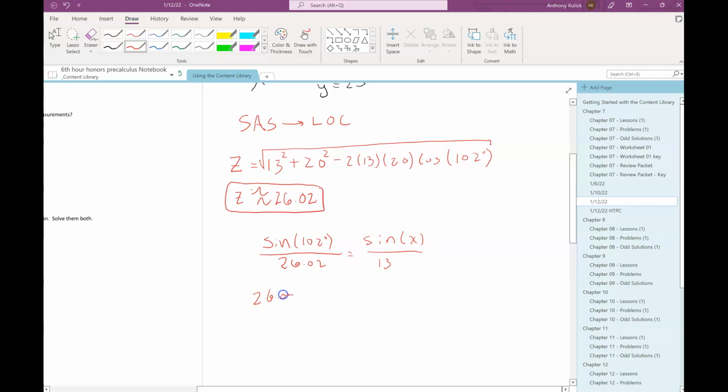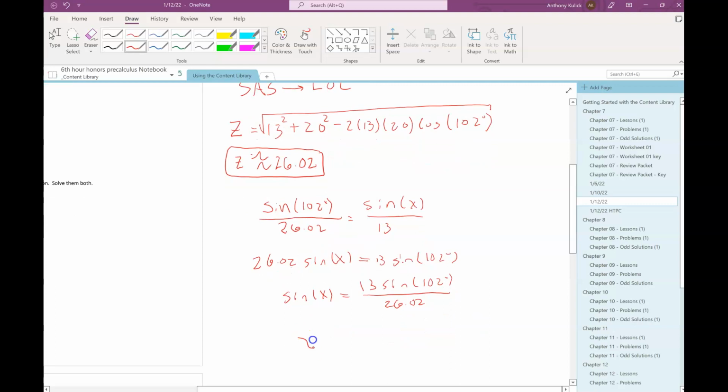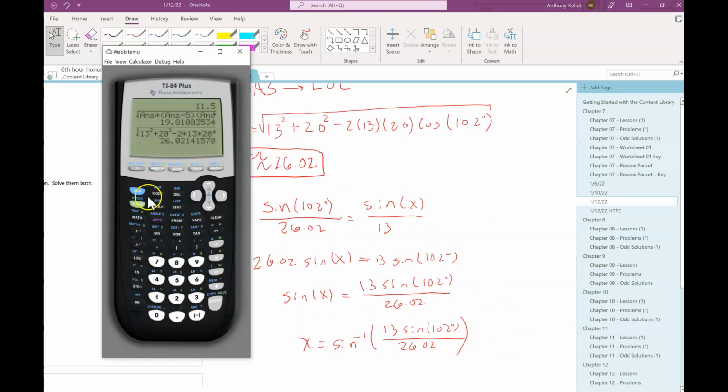So we cross multiply, and then divide by 26.02. And then we'll do the sine inverse. So sine inverse of 13 times sine 102 divided by my previous answer gives me 29.25.